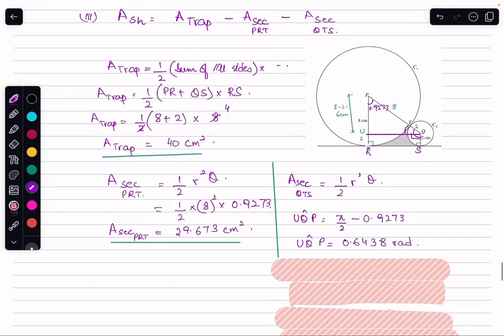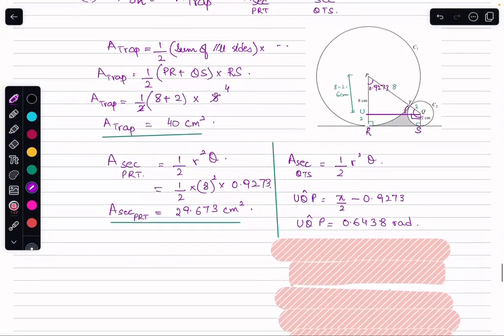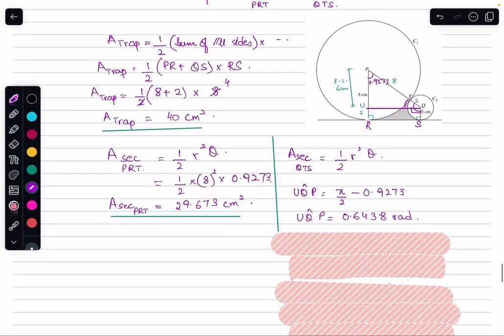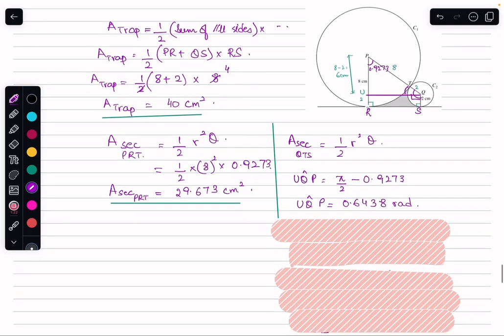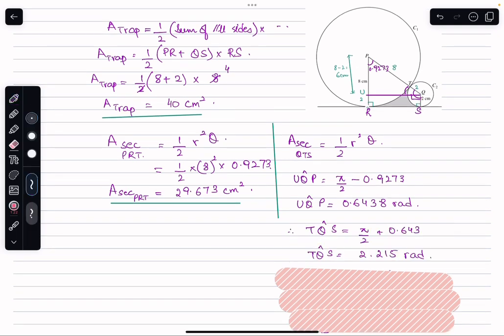To this, if I add pi by 2, the answer I'm getting is 2.215 radian.